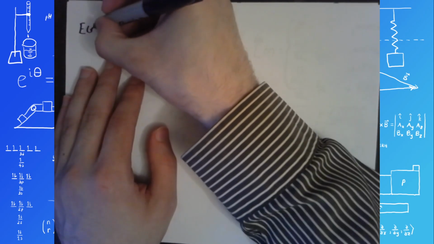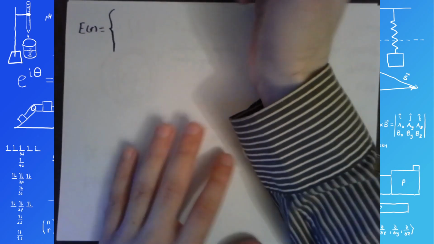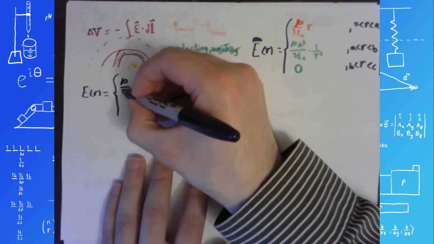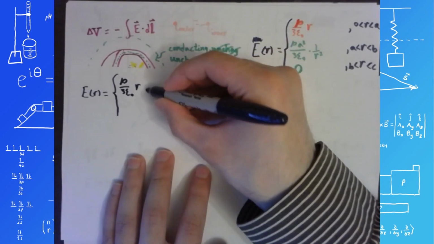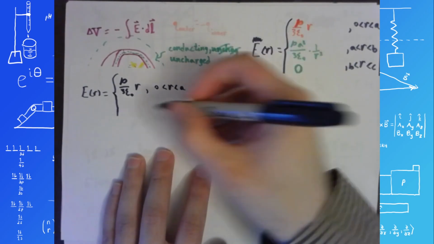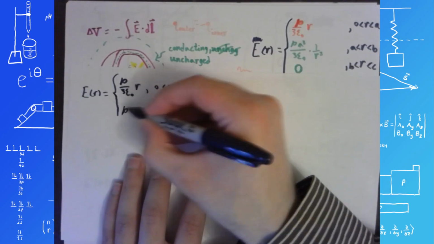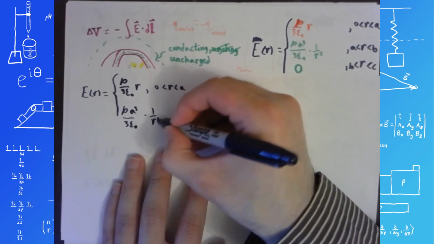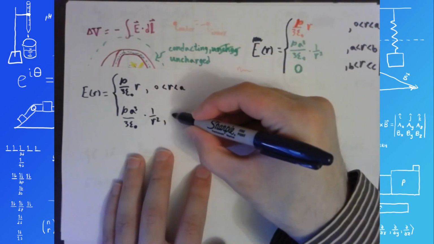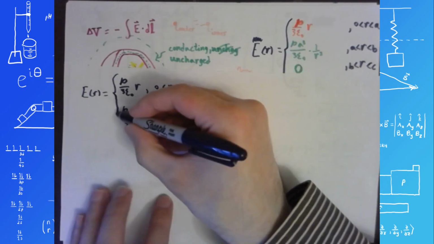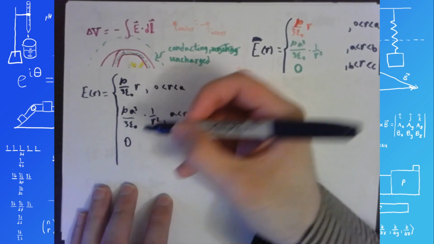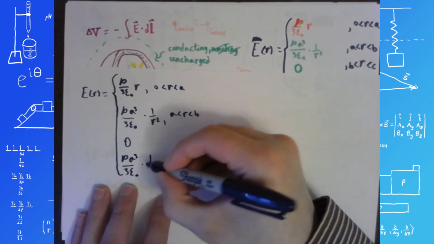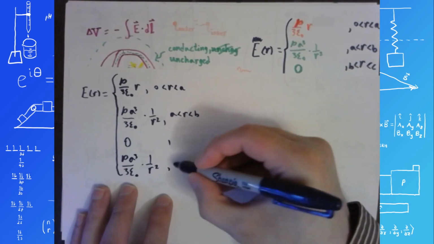So E of r is equal to, let's see, we had rho over 3 epsilon naught times r for the first region, and then rho a cubed over 3 epsilon naught times 1 over r squared for our second region, and 0 for our third, and then rho a cubed over 3 epsilon naught times 1 over r squared again for our last region, r greater than c.